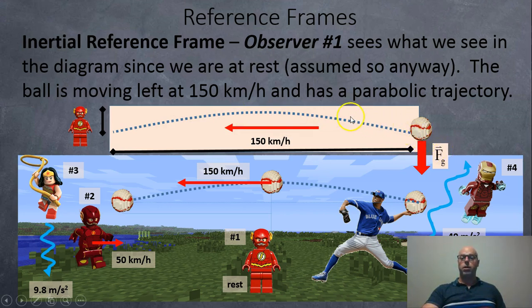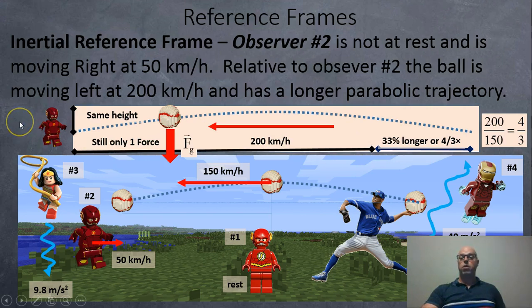So on the way up, it slows it down, and then it accelerates it down on the way down. And while that's going on, the ball's moving forward at 150 kilometers per hour and travels this distance right here.